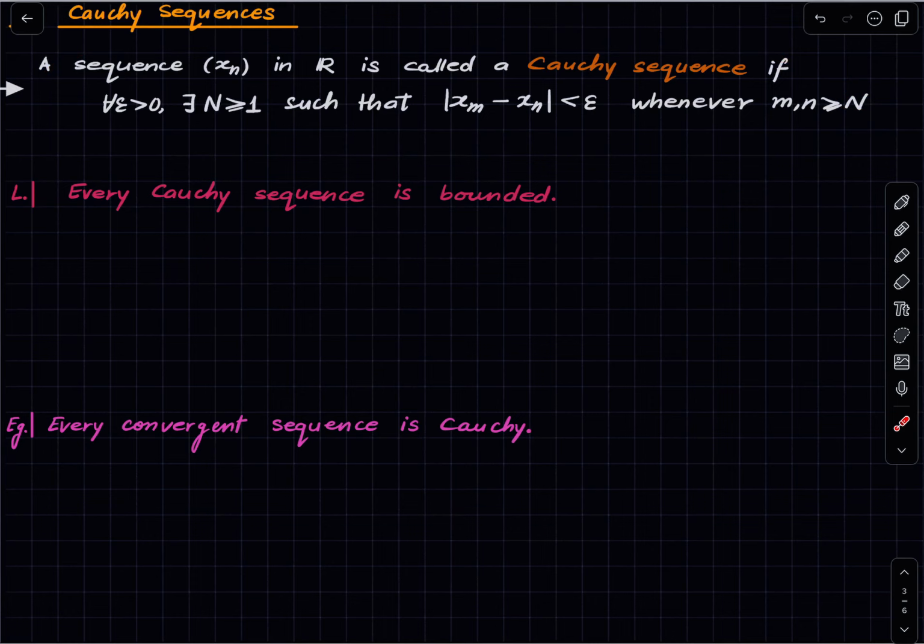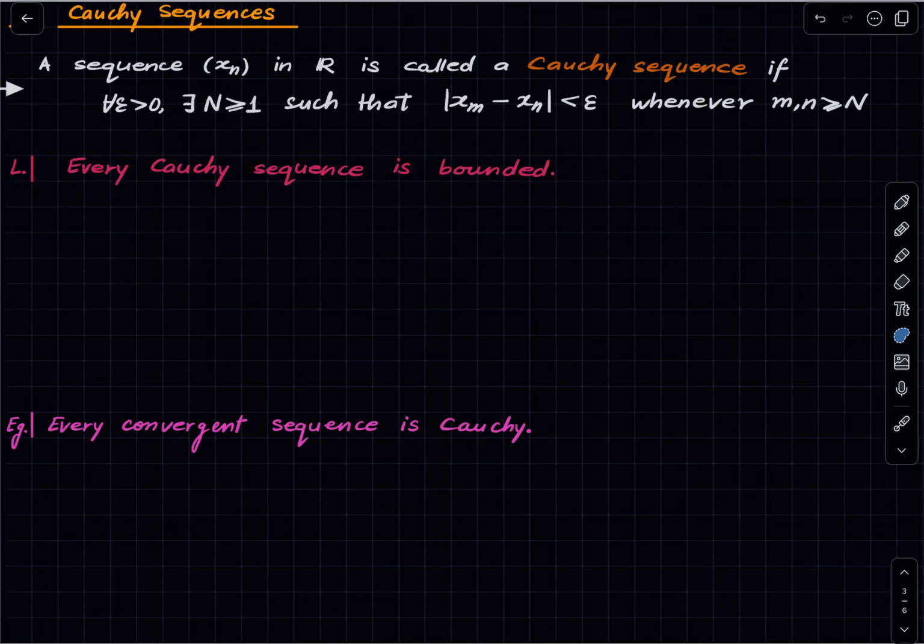I don't want to say too much about the definition because it's not intuitively very easy to digest this notion. But to understand things better, we will fully characterize Cauchy sequences in this lecture itself. So first we will show this simple property that every Cauchy sequence is bounded. Why is this? Start with a Cauchy sequence.